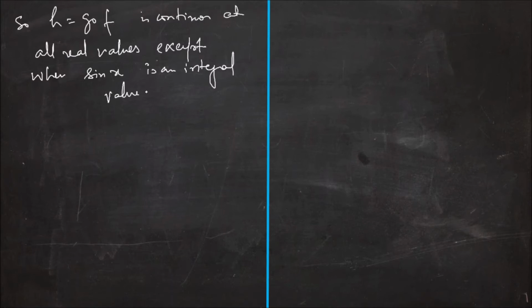So only at those real values the function may be discontinuous, otherwise the function GOF is continuous everywhere.